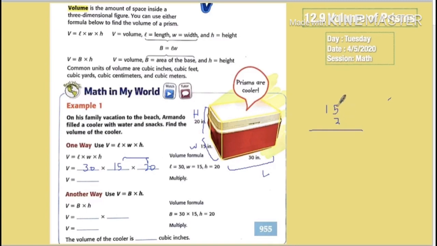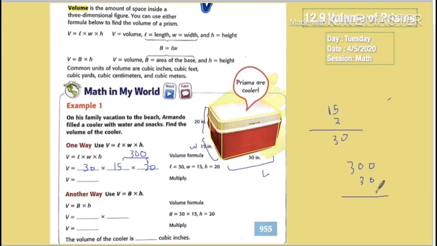So we know that 15 times 2 is 30. 2 times 5 is 10, and 2 times 1, 2 plus 1, 3. So here we have 30. And if you add your 0 with the 20, that will be 300. And now we have 300 times 30.